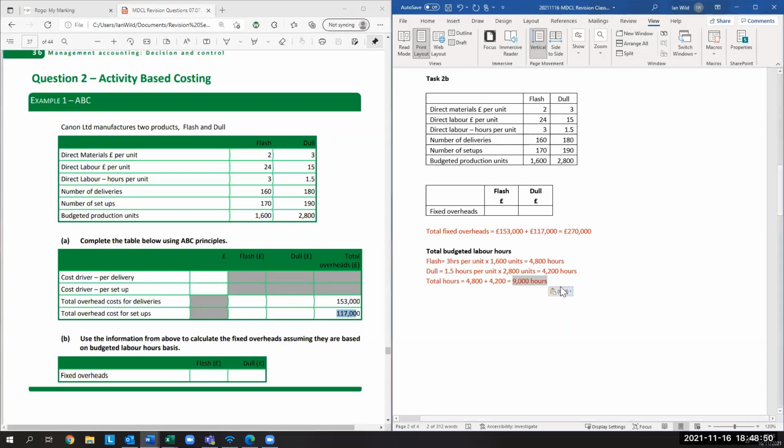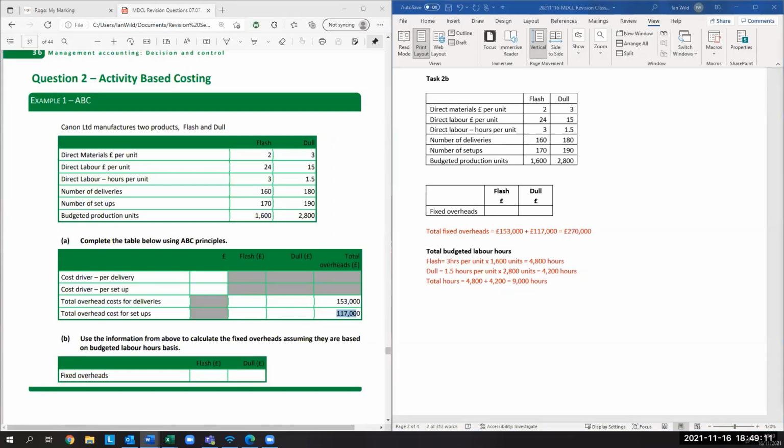So that's great. Now the next thing we need to do is work out a cost per direct labour hour. We've got all the figures we need for that now. We have our total overheads, 270 grand, and we have our total hours, 9,000.